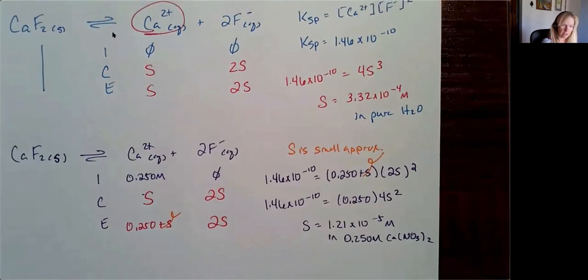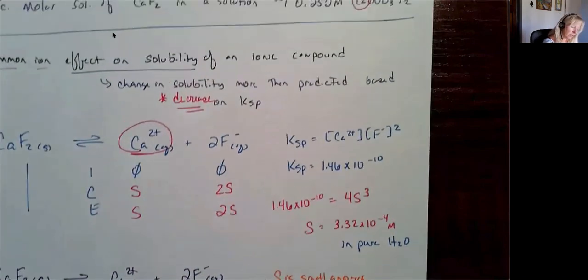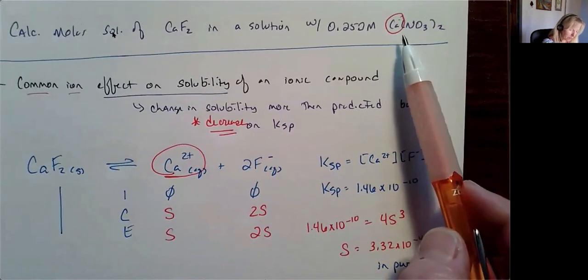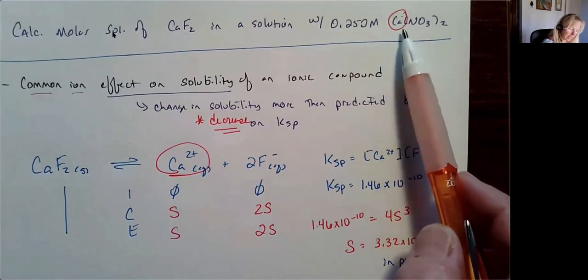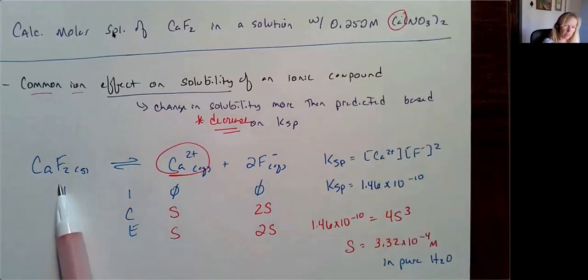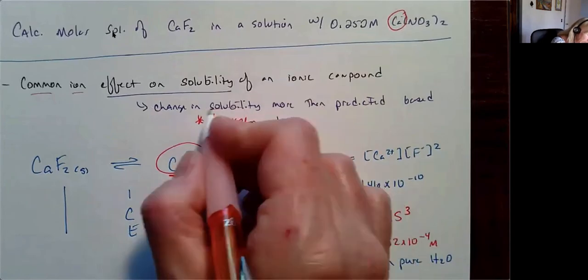So common ion effect: you're looking for, does the solution you're adding your ionic compound to dissolve in have an ion in common with what you're trying to dissolve? If it does, it's always going to decrease your solubility. Here, and then we're going to resume with the rest of this part in part 3B.